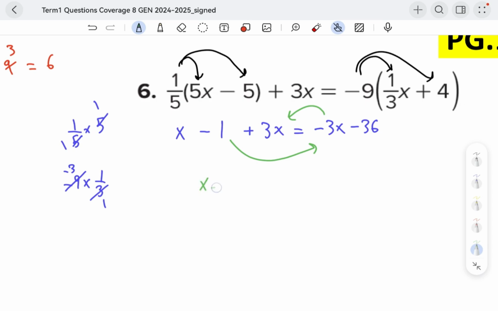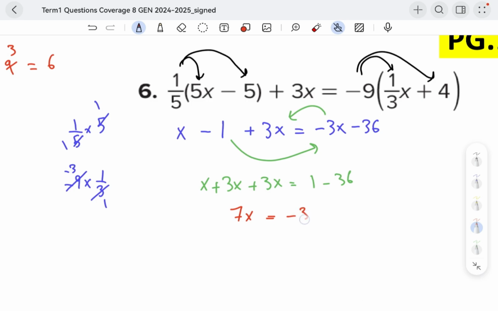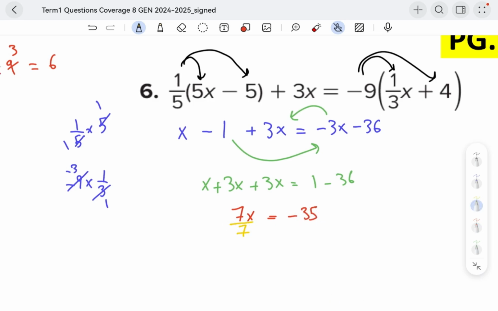We're going to have x plus 3x plus 3x equals 1 minus 36. 3x plus 3x, this is 6x plus x, this is 7x, equals negative 36 plus 1, this is negative 35. Divide by 7, divide by 7, both sides. The value for x is negative 5.